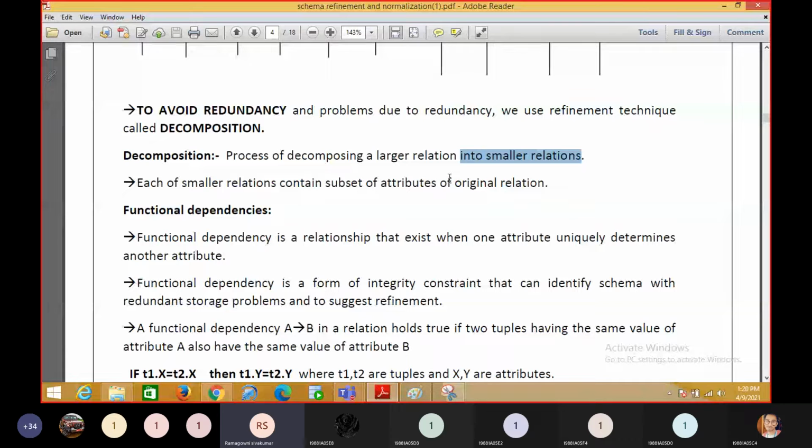One large table we are dividing into some small tables. That is called decomposition. Each smaller relation contains a subset of attributes of the original relation.